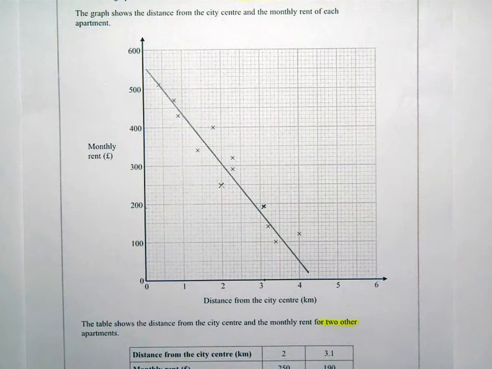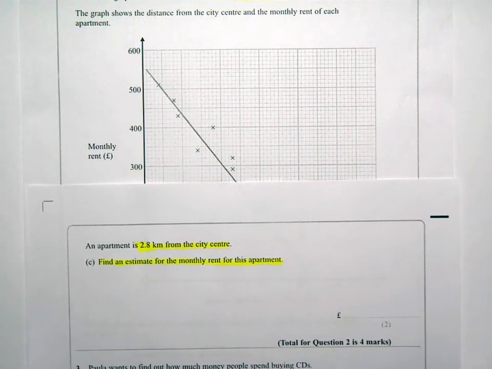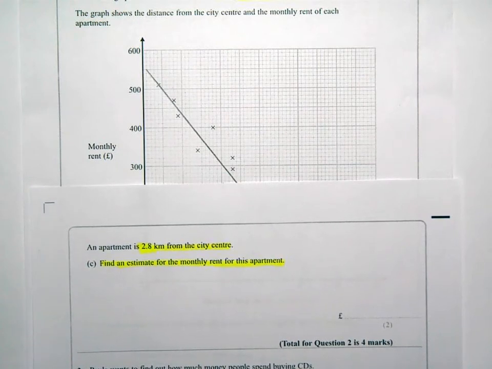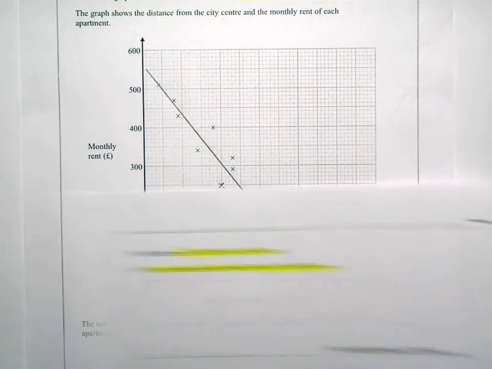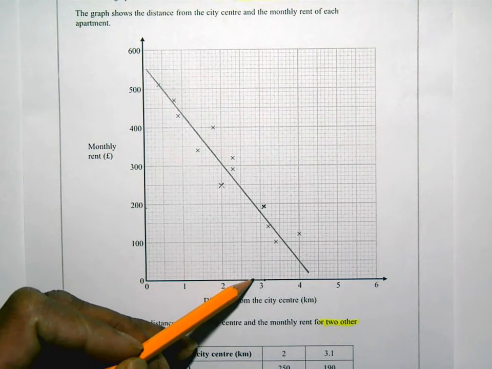Now, if I go back to part C, in part C, they said an apartment is 2.8 kilometers from the city center, and they wanted me to estimate the monthly rent for this apartment. So 2.8 kilometers is there on that line.